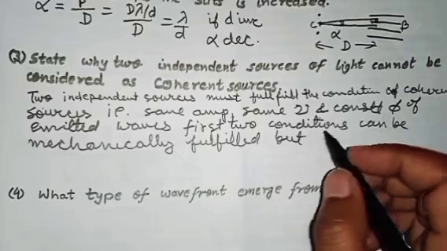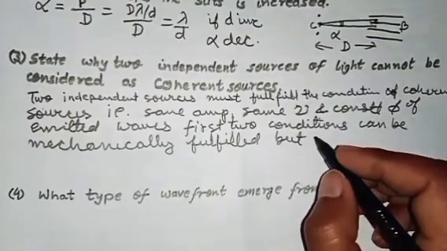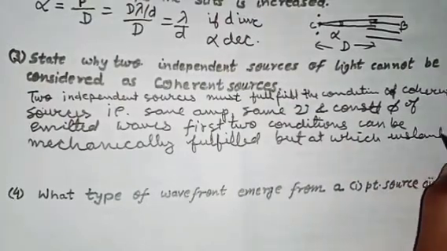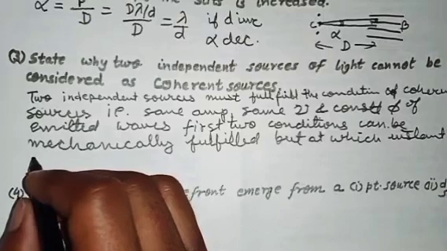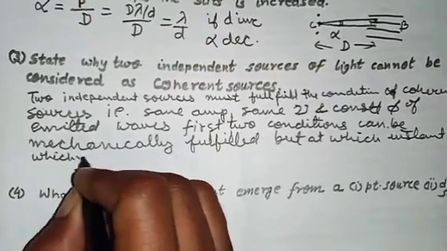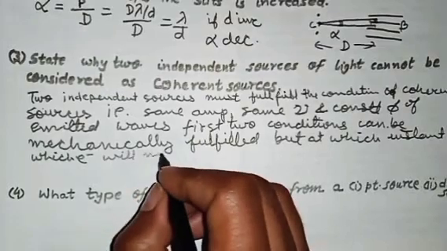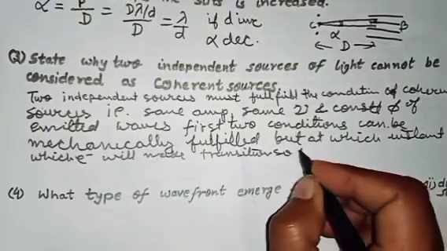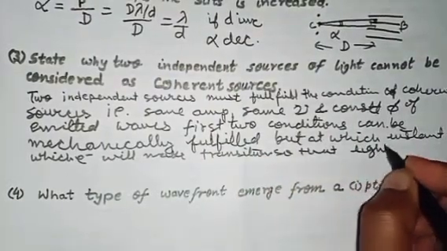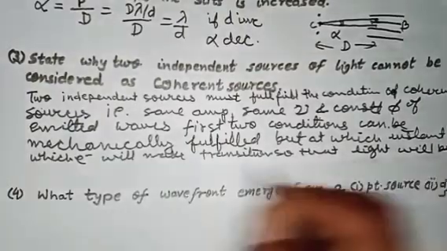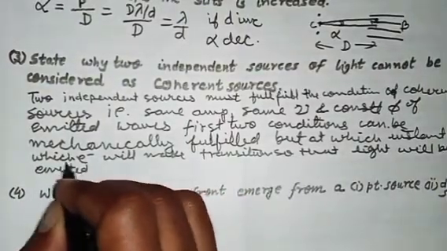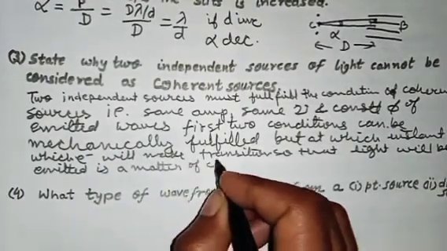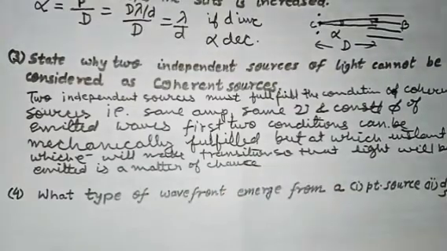but at which instant which electron will make a transition so that light will be emitted is a matter of chance, which can't be controlled.